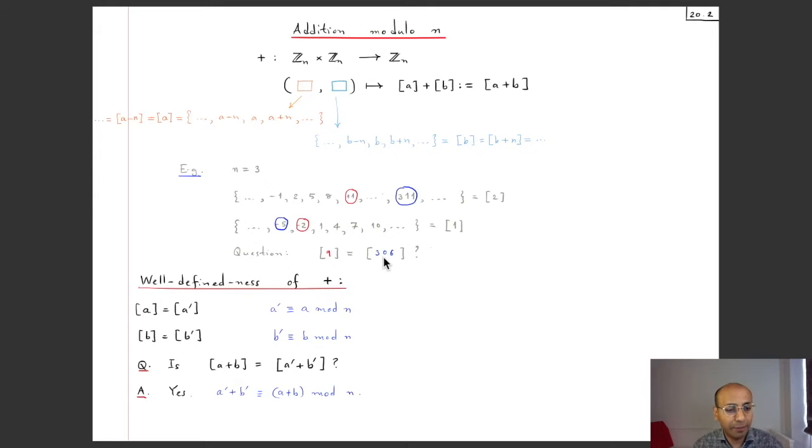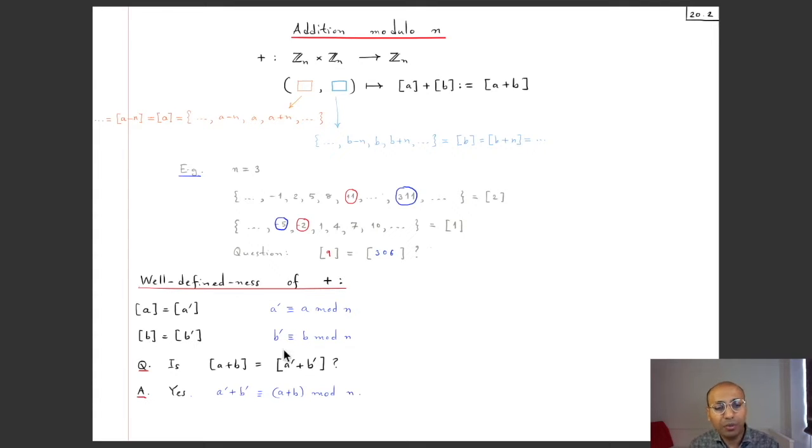So let's check that. Suppose that you have an equivalence class which contains these two members A and A prime. So A prime is related to A, that is, A prime is congruent to A modulo n. And similarly, let us suppose that the equivalence classes of B and B prime are the same. So B and B prime belong to the same equivalence class.